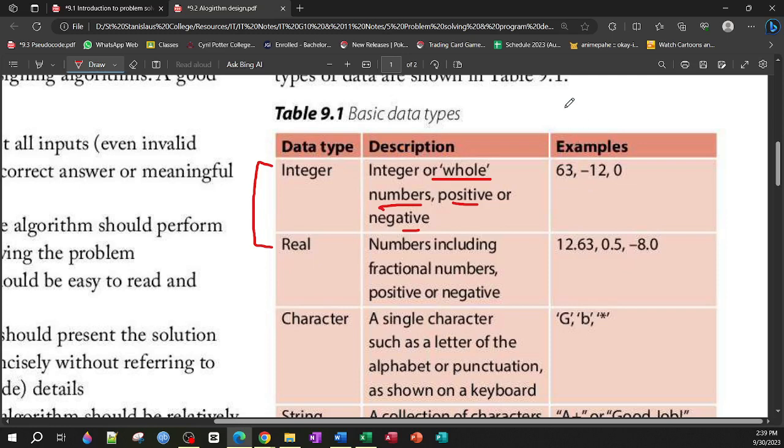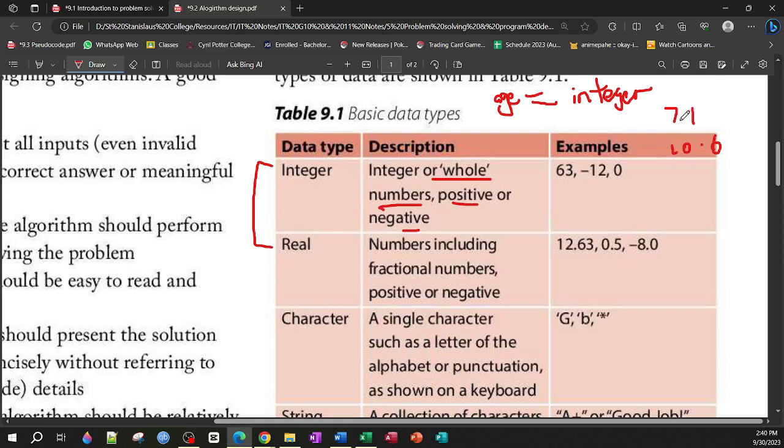So for instance, if you want to accept somebody's age, you're going to say that variable age is going to be an integer data type, because you don't want to accept that the person is 7.1 or 10.6. That doesn't make sense.